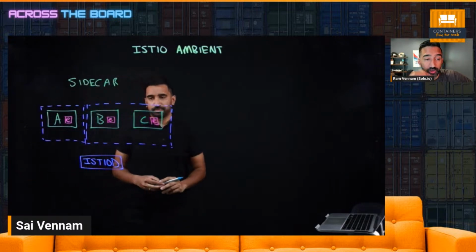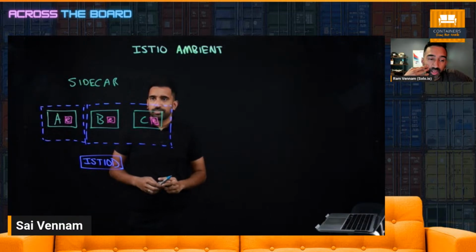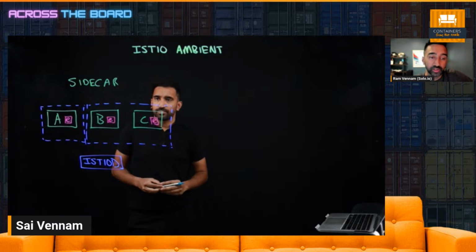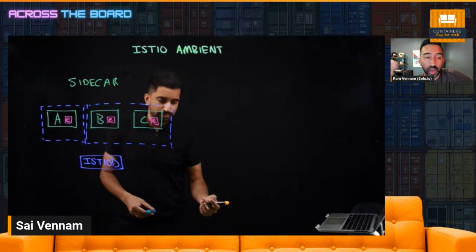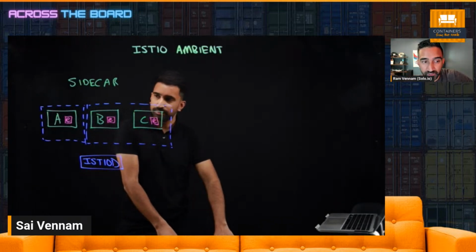So we typically refer to the workloads A, B, C, those pods as the data plane, and those Envoys are basically the data plane as well. And then the control plane, Istiod, is responsible for programming those Envoys. So if you say A is allowed to talk to B, and when B talks to C, I want you to add this additional header to it.